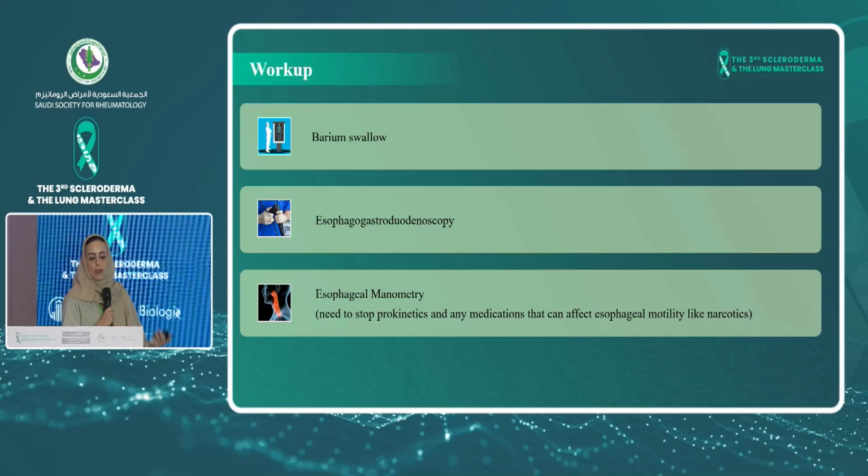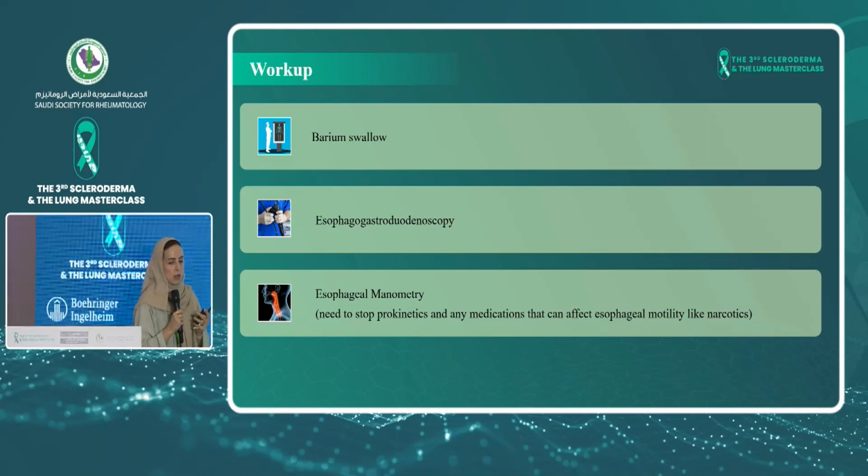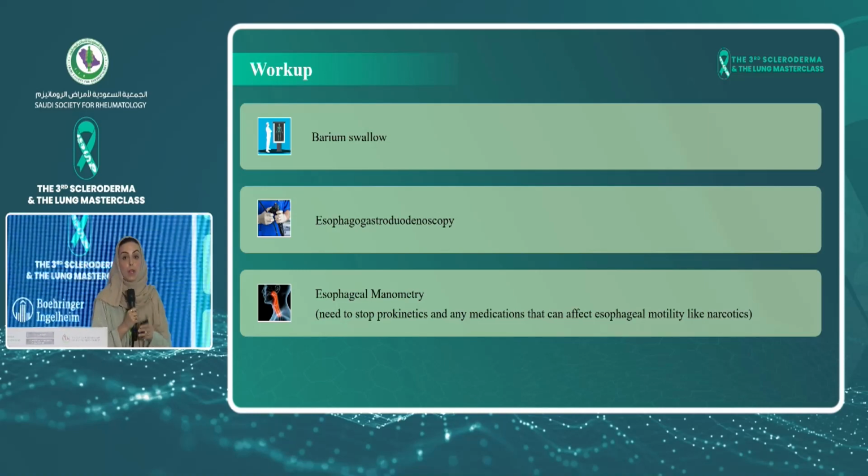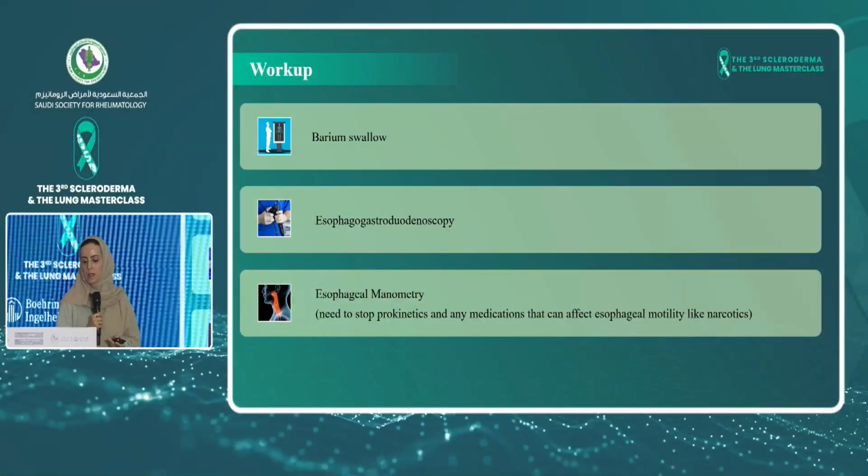All right, how do you work them up? First, you get a barium swallow. This will help give you an idea about the motility of the esophagus. It will help rule out other etiologies. Not every esophageal involvement in scleroderma is dysmotility, so it will help rule out pathology of the esophagus.